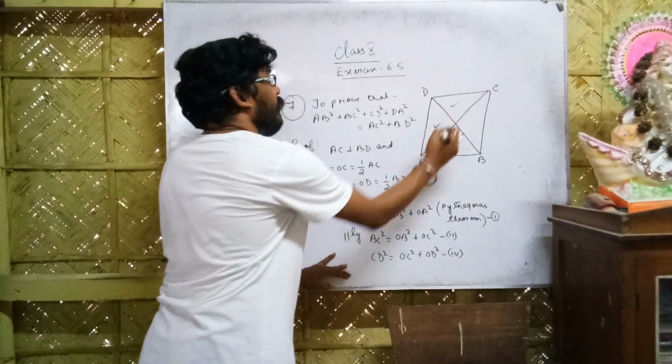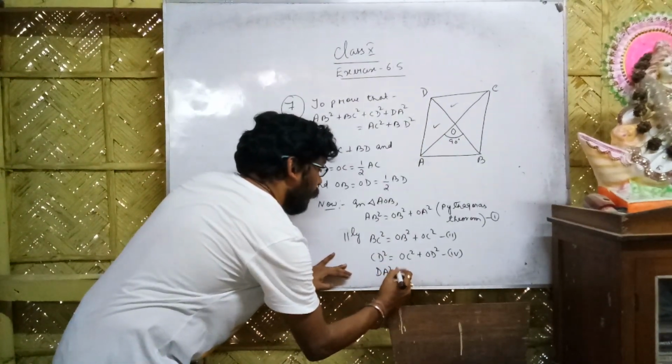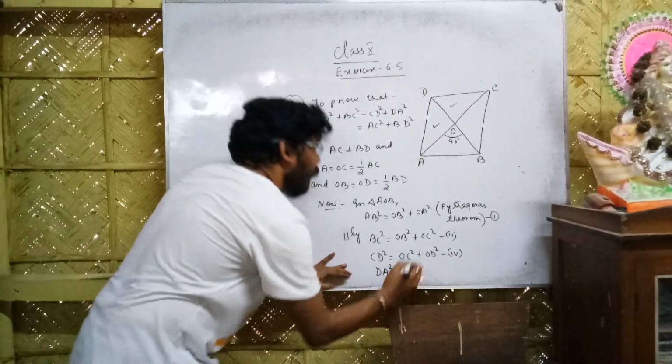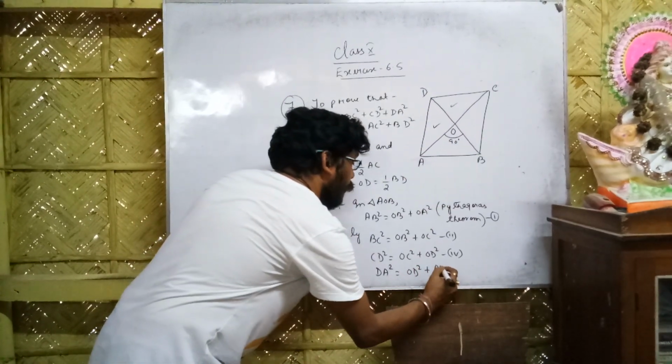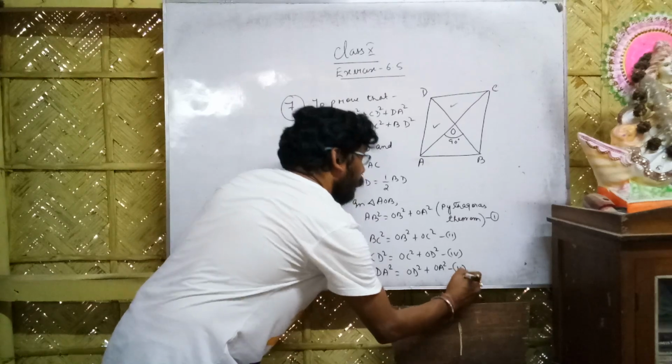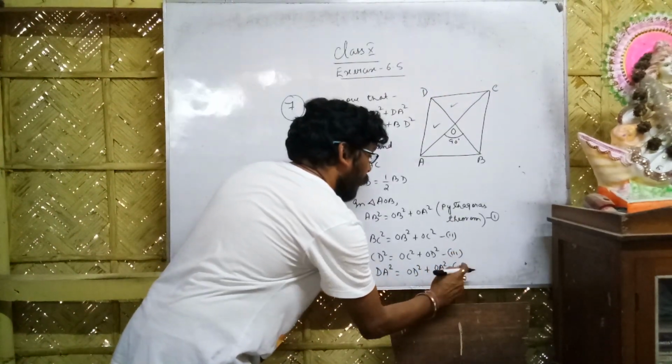Now you come to the last triangle AOD. DA square equal to OD square plus OA square. Equation 4.